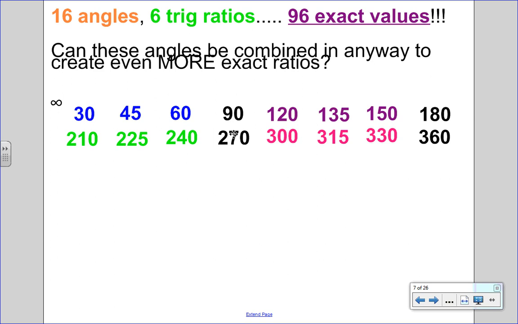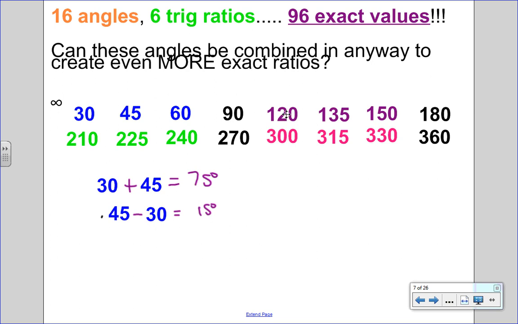There are lots of different things that I could do. I could take 30 and 45. I could add those together, and now I can do an exact value for 75. I could also take 45 and 30, but instead of adding them, I could subtract them. If I subtracted them, I would end up with 15. So I can do something with an exact value for 15 degrees.